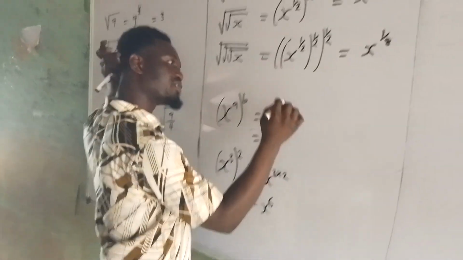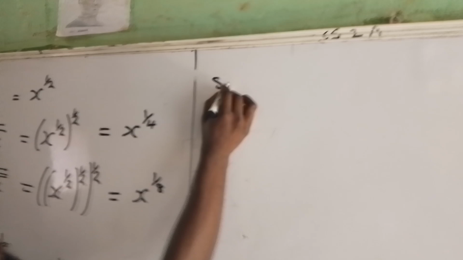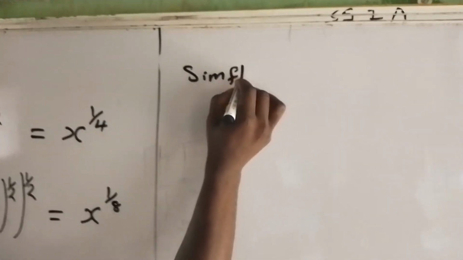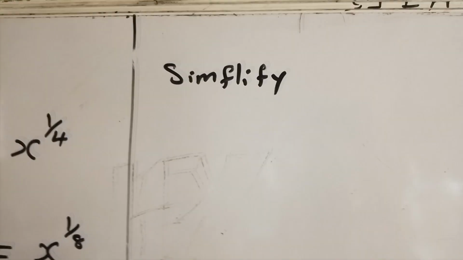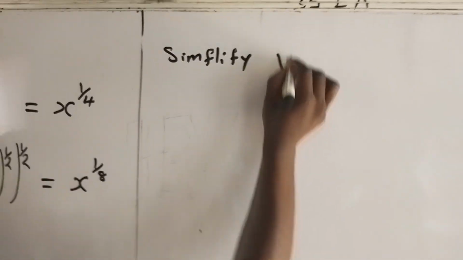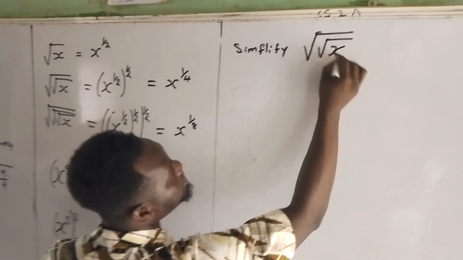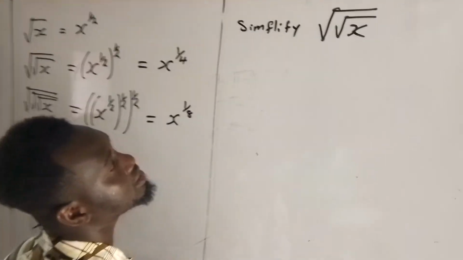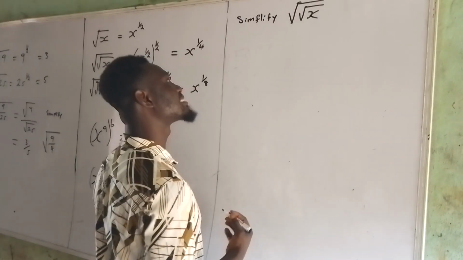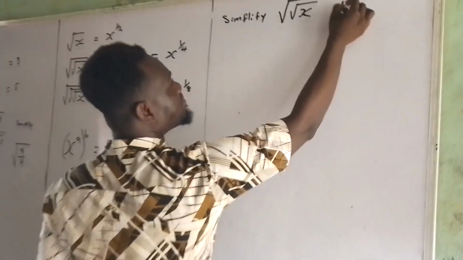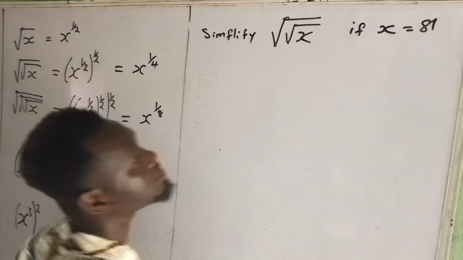So supposing we are given something like this, let's simplify the square root of the square root of x. Simplify the square root of the square root of x if x is equal to 81.